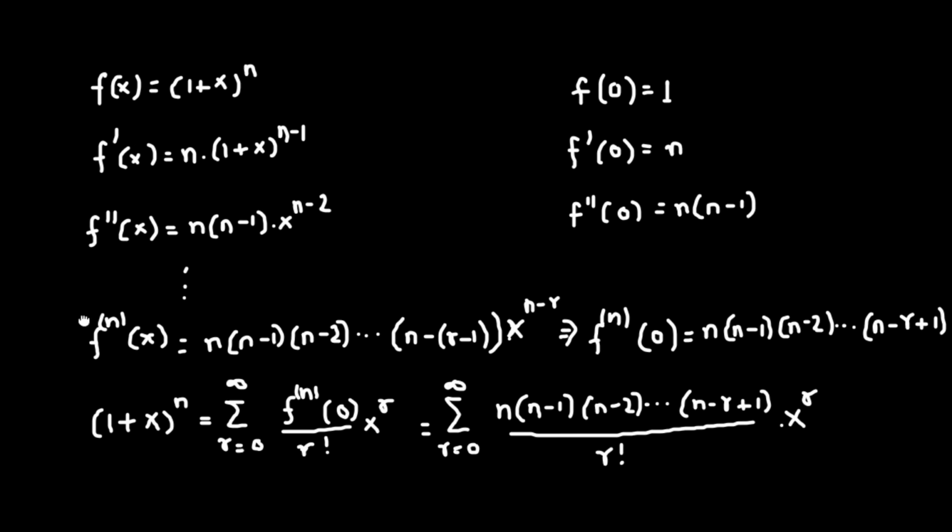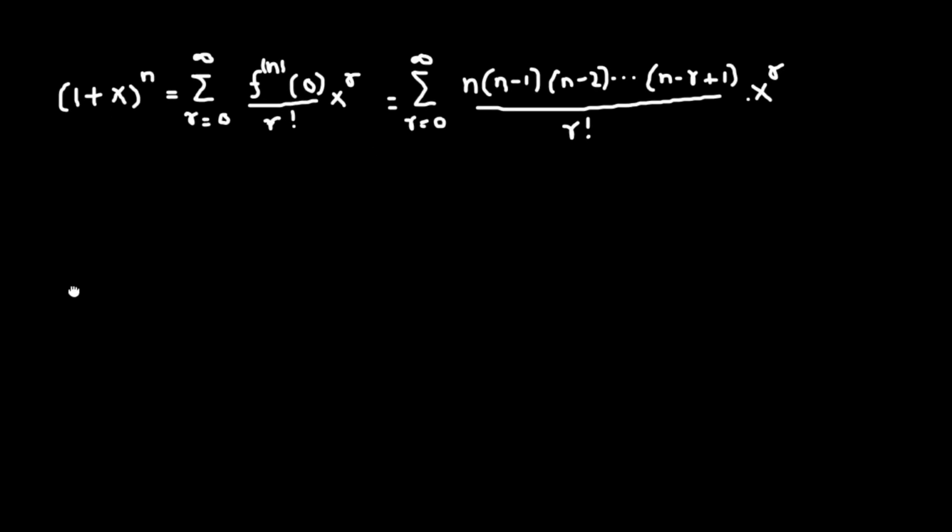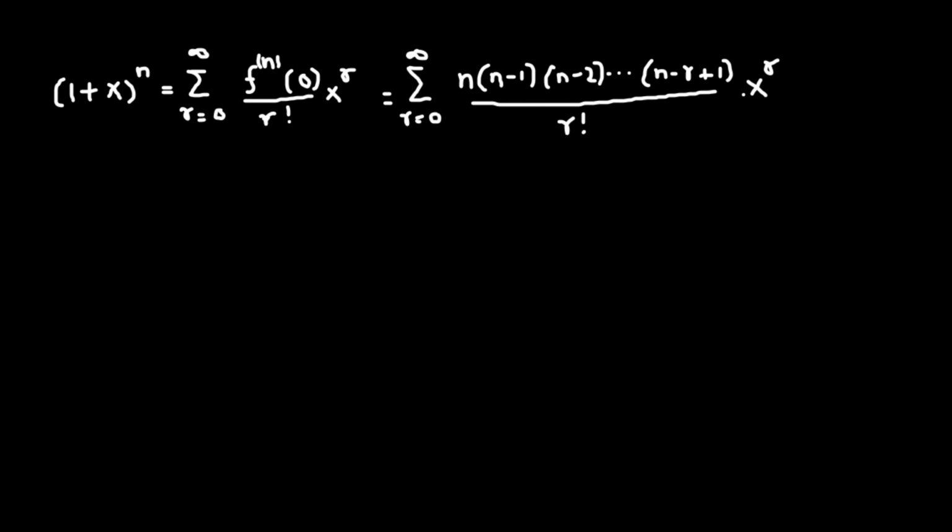Now what we're going to do is multiply and divide. So let's write it down. (1 plus x) raised to the power of n is equal to the summation, r going from 0 to infinity, of n times n minus 1 times n minus 2 all the way up to n minus r plus 1.